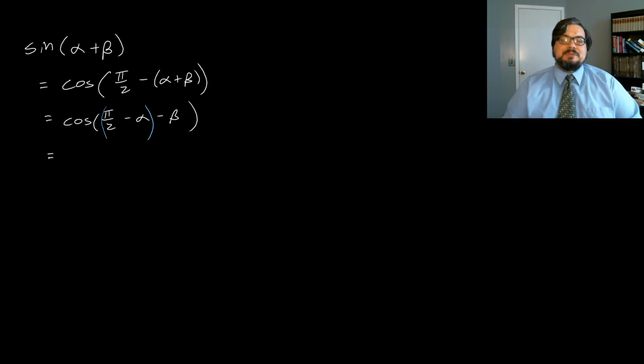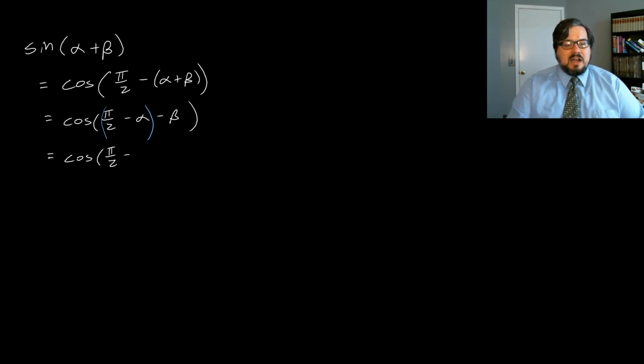Now I can use the cosine of a difference formula to get that this is cosine of pi over 2 minus alpha times cosine of beta plus sine of pi over 2 minus alpha times sine of beta.